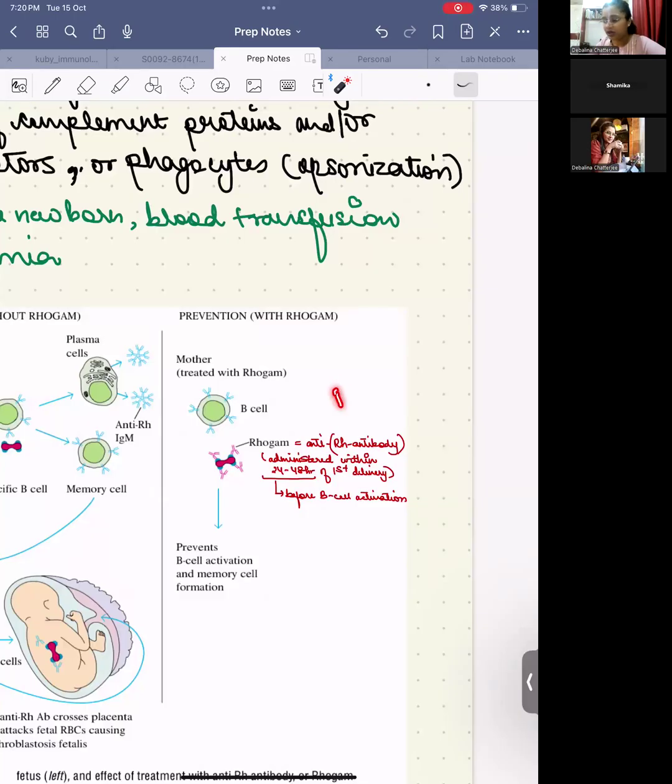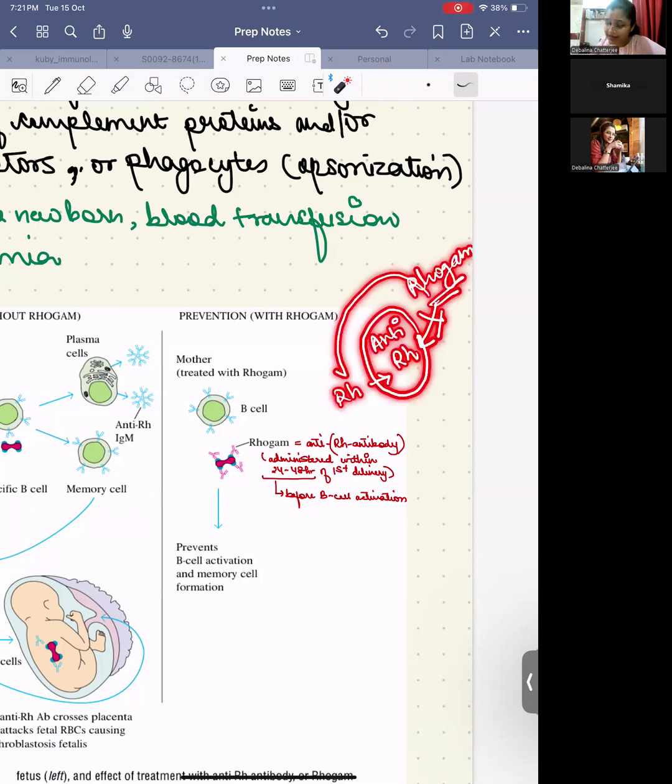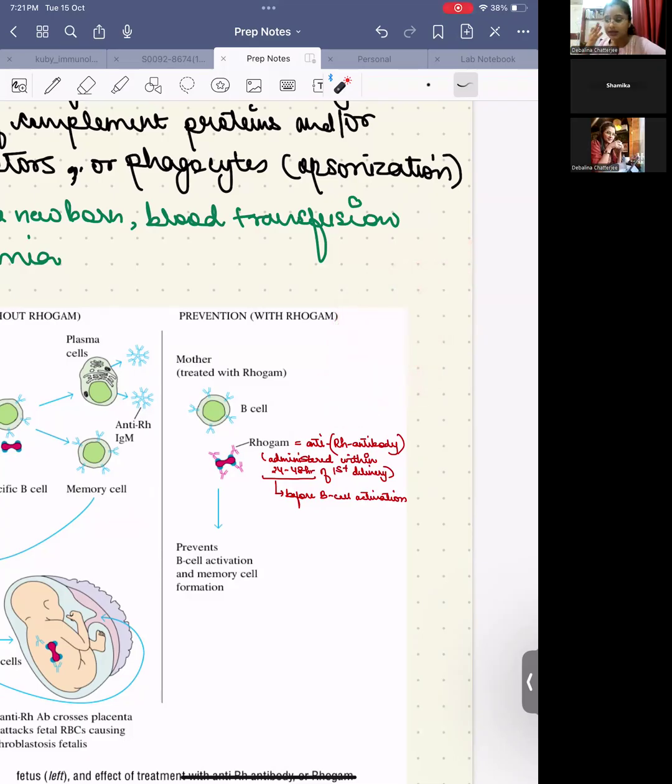So Rh reaches the maternal circulation, against which we have anti-Rh antibody produced. Now, if we have Rhogam administered, this anti-Rh antibody is not going to be produced. Why? Because Rhogam binds here and doesn't allow this to be recognized as a foreign entity. So the complex against which we have an antibody response in the mother is this complex, Rh bound by an antibody.